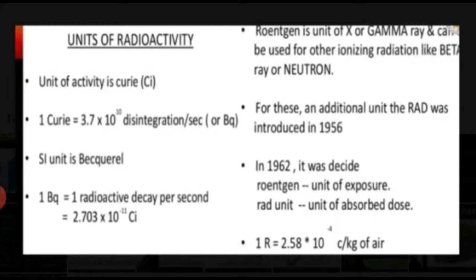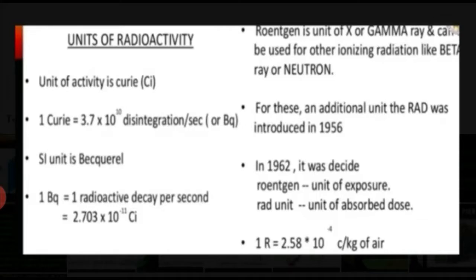The SI unit is becquerel. 1 becquerel is equal to 1 radioactive decay per second, that is equal to 2.703 into 10 to the power minus 11 Curie.